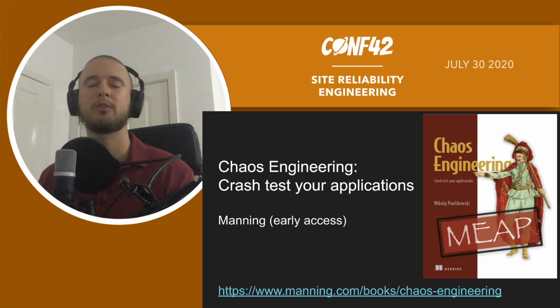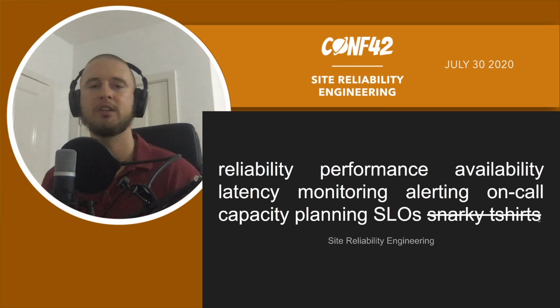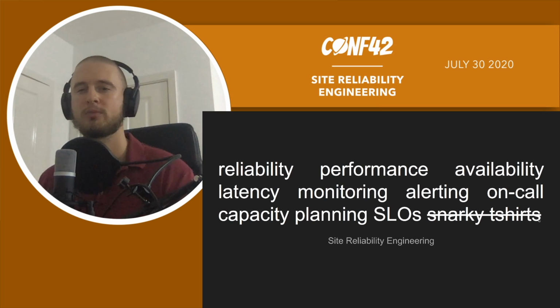And I'm really wanting to show people that this is something that you can use in many situations. And it's not just for Netflix and for Google. This is much more broad than that. Okay, so these are the things that we just discussed. And as you can see, apart from snarky t-shirts that don't really need an improvement, typically SREs have them on point.